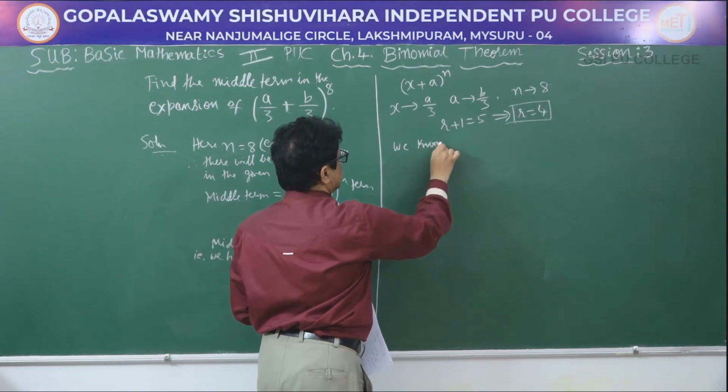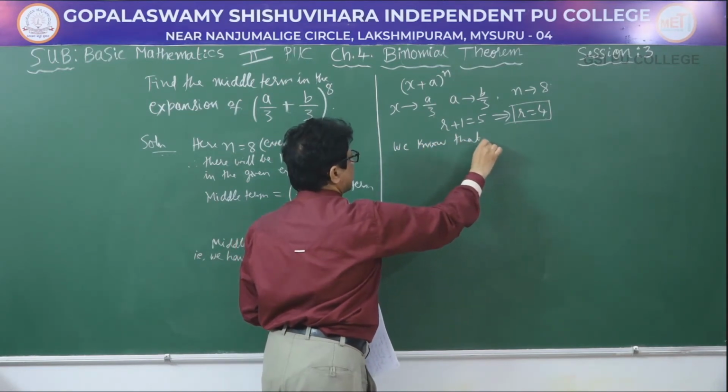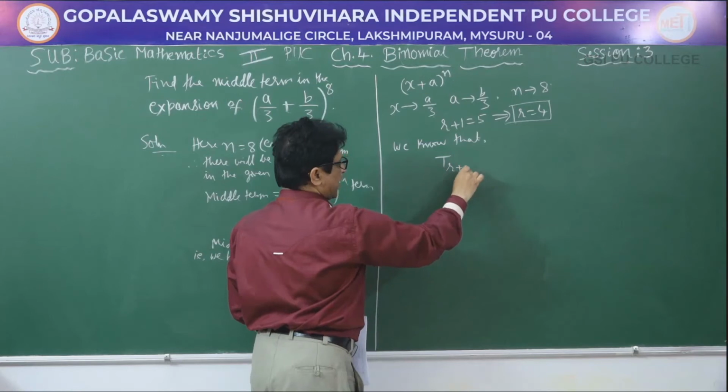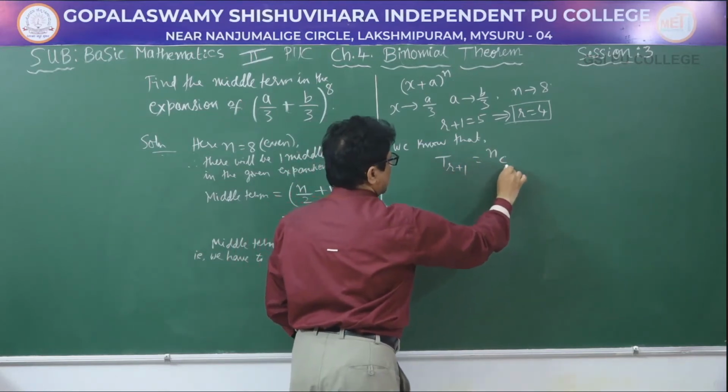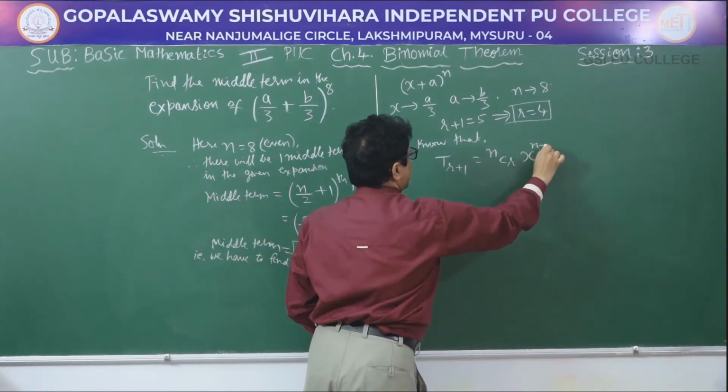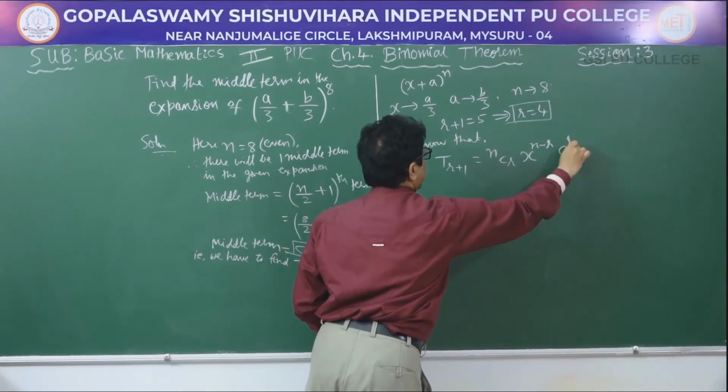We know that T(r+1) will be equal to nCr x^(n-r) a^r.